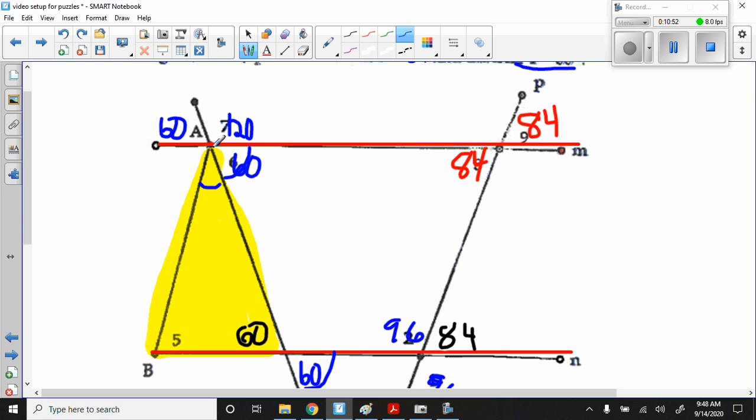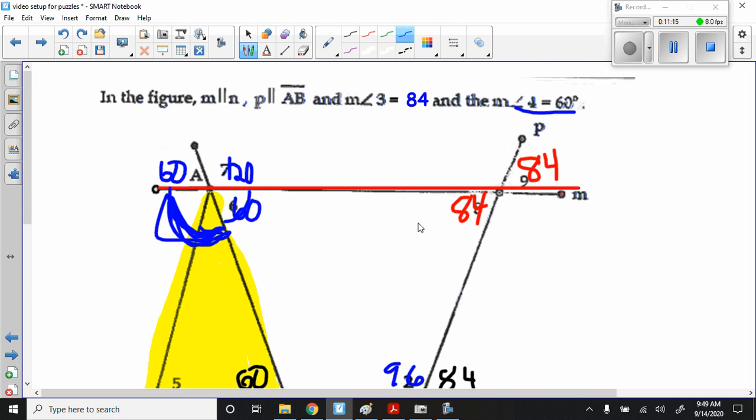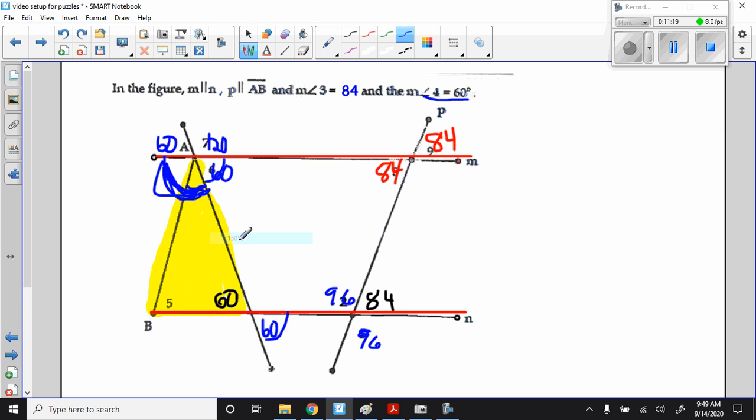But I can't say this is anything for sure, because this big angle that I just marked, I'm going to try to bold it, has got to add up to 120. And I cannot say yet, with the information provided, that they are equal, that this would be 60 and this would be 60. So I'm going to have to stop on this picture, because I cannot find this angle without guessing.